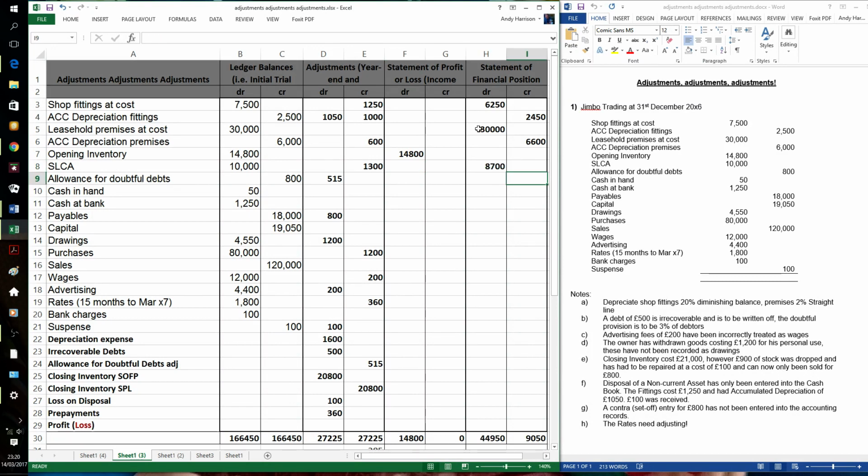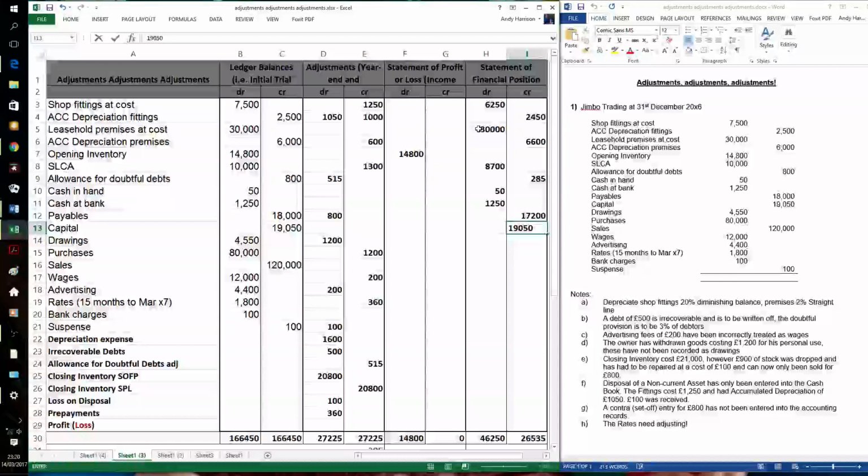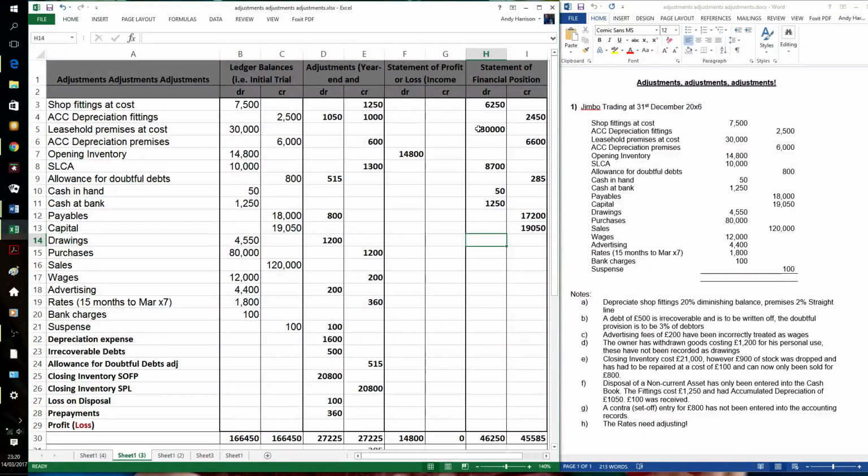I'd already worked out that was going to be 285, so doing the maths again. Payables, we now owe 17,200 because of the contra. That'll get adjusted after the profit's calculated. Drawings, often mistaken, that's where it belongs, it's the owner taking out their own capital.